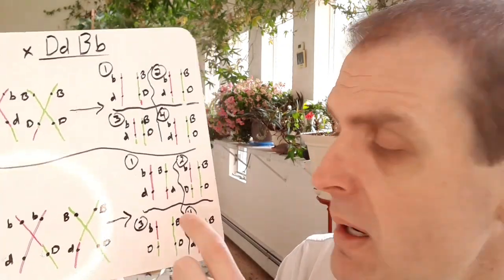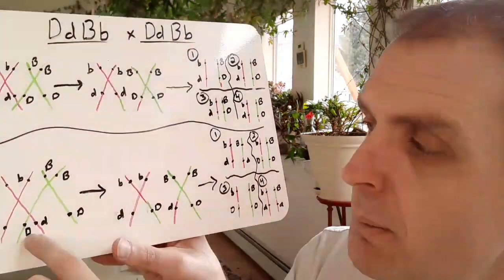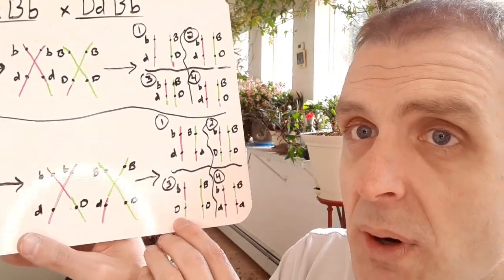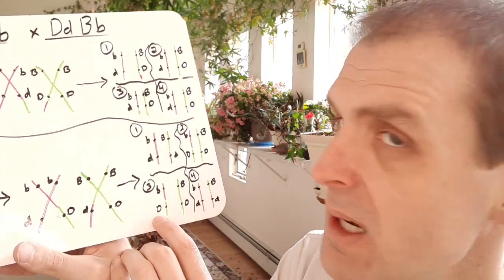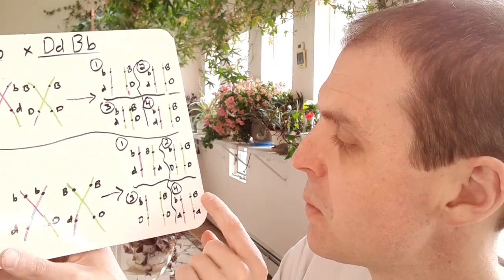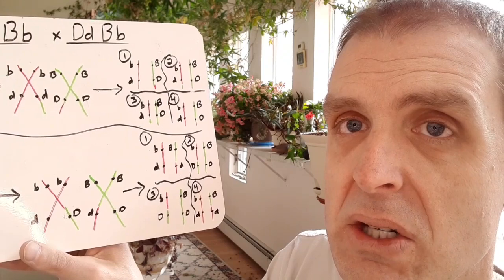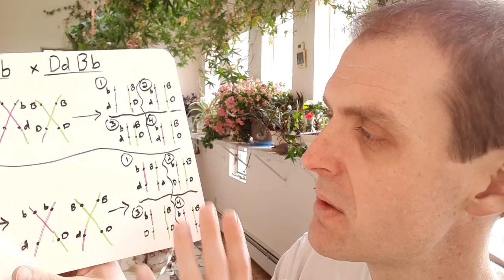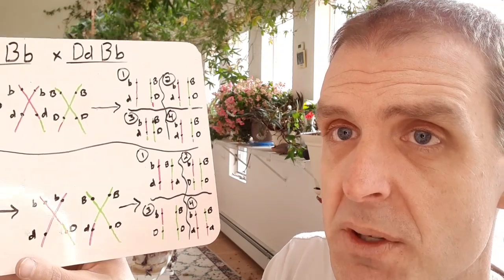However, when you look down here, because the crossover point happened above the point where the D genes were located, then we do end up with chromosomes in the end that are lowercase d, uppercase B, or lowercase b, uppercase D. Sorry, I'm looking at it in the mirror image. On occasion, so there's 1, 2, 3, 4. So in all cases, each cell that you ended up with after this sort of crossing over ended up with the chromosomes differently.